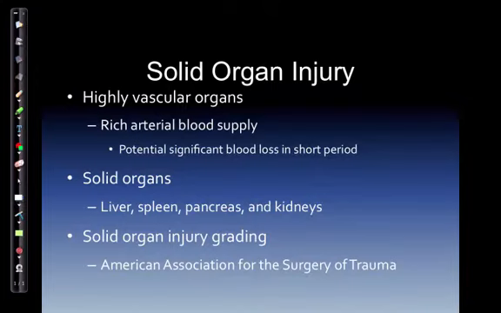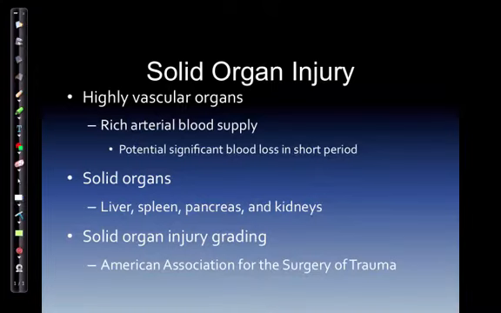The spleen is one of the body's filters, located in the left upper quadrant, just lying inferior to the diaphragm, or just below it. It also has a very rich blood supply. The pancreas is in the retroperitoneal space, located posterior to the stomach, or behind it, and anterior to the abdominal aorta.